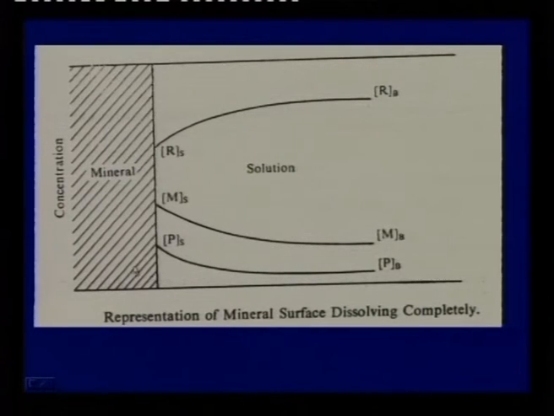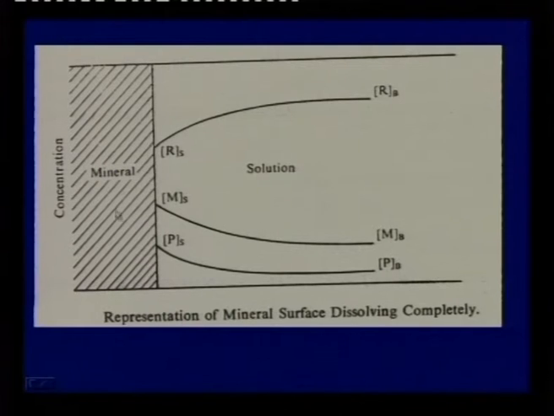Like here is a solid mineral surface which is reacting with a leaching medium, and we see the reagent concentration from the bulk getting depleted when it comes to the surface. It is coming this way. Metallic values that dissolve at the surface diffuse out into the bulk, and when they diffuse out, there must be a concentration profile going down.